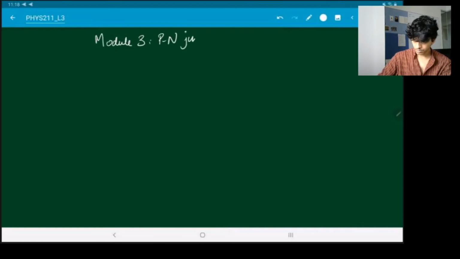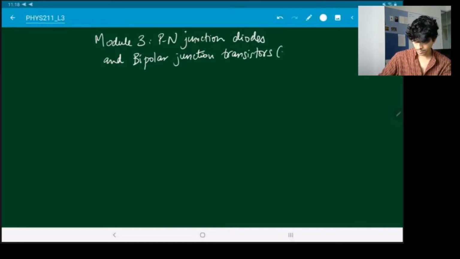Broadly this is a module on semiconductor electronics, and in particular in this module we are going to talk about PN junction diodes and bipolar junction transistors, or these are called BJTs.